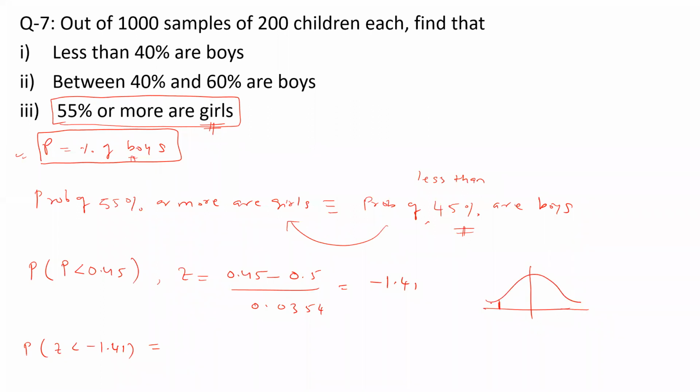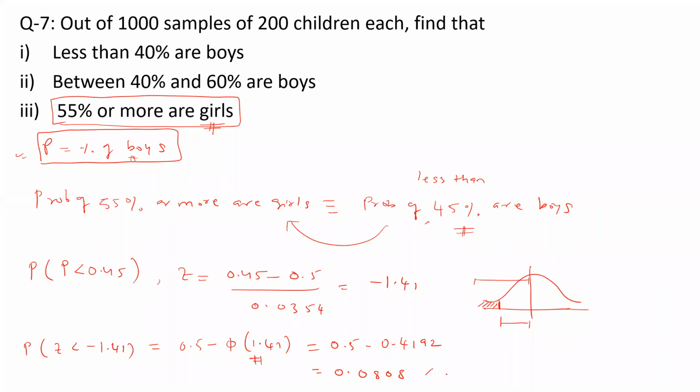Minus 1.41 lies somewhere here. You want the less than value, so this particular portion. So once again 0.5 minus this area, which is nothing but the area of 1.41. 0.5 minus this value you have to calculate from the normal table or from the calculator. So this value we will get 0.4192, and this probability is coming around 0.0808.